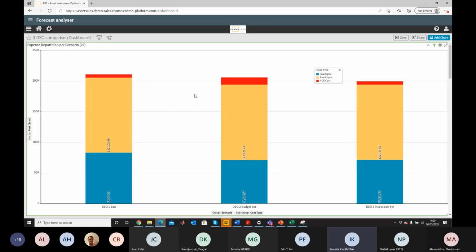And looking at this picture, it is quite evident that the scenario with a 50% budget cut would result in a higher risk of energy not being delivered. Whilst this scenario here, where we reduce the inspection frequency to 5 yearly, reduces the TOTEX, the overall expenditure, and also has a lower risk of energy not being delivered.